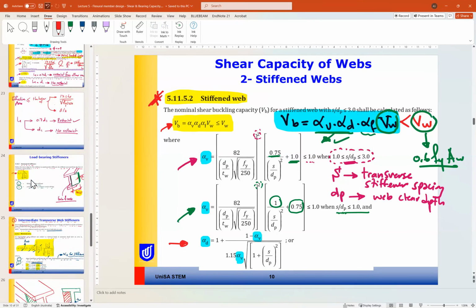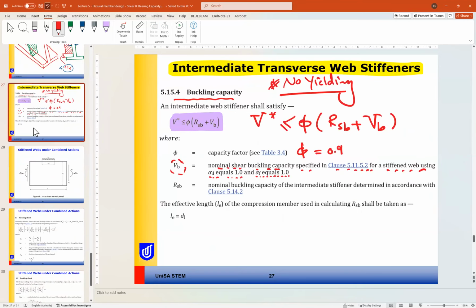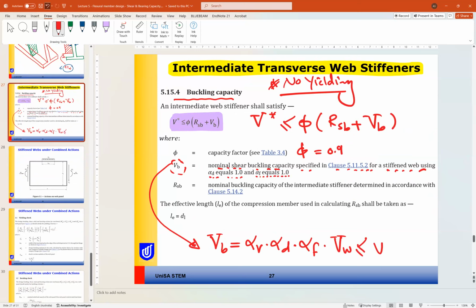So if we go back to here when we are designing the intermediate stiffener, we know that VB equals alpha V alpha D alpha F times VW, less than or equal to VW.